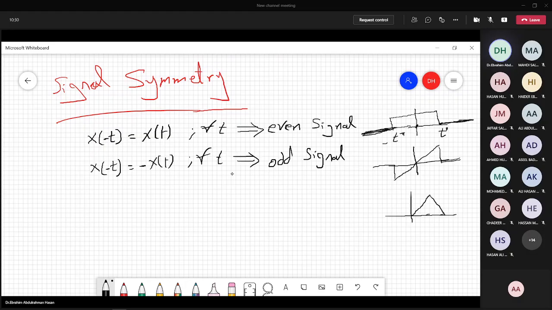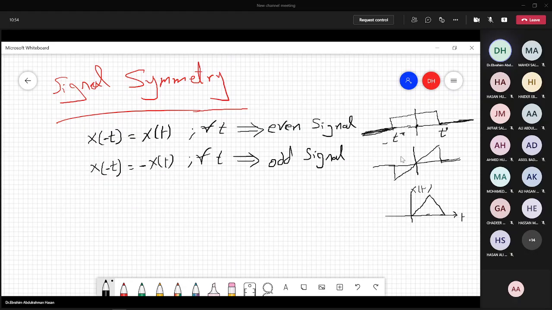If we have something like this as my signal, then x of t is not equal to x of minus t, and x of minus t again is not equal to minus x of t. So this is neither odd nor even.